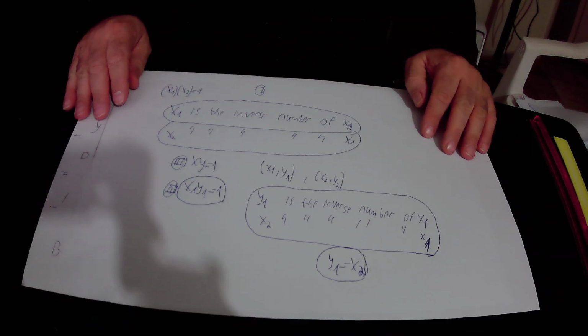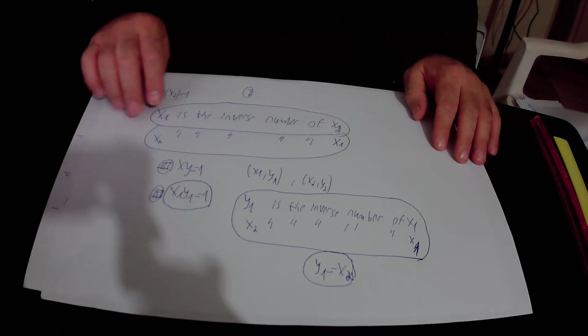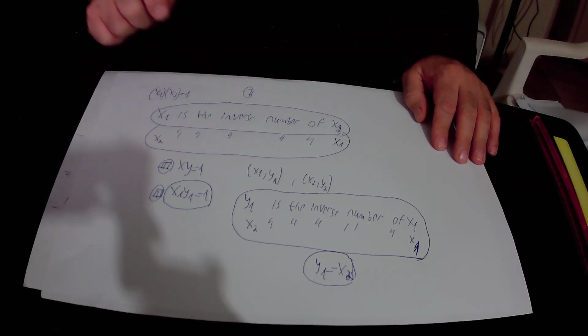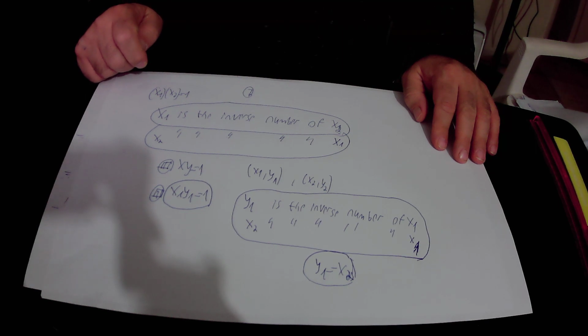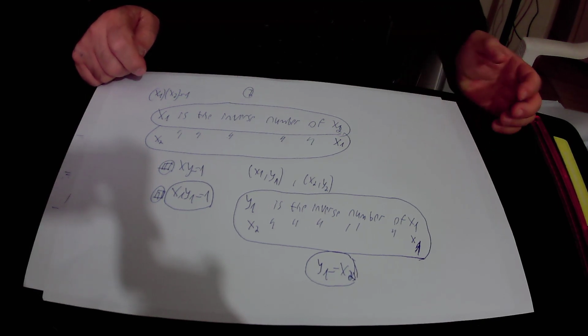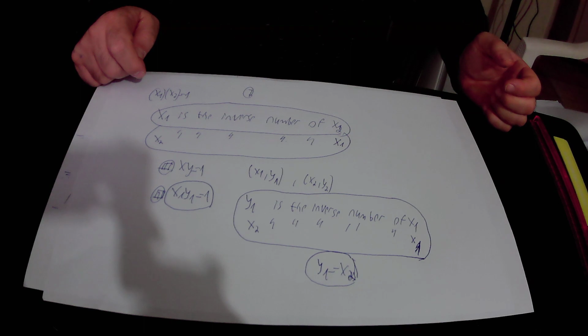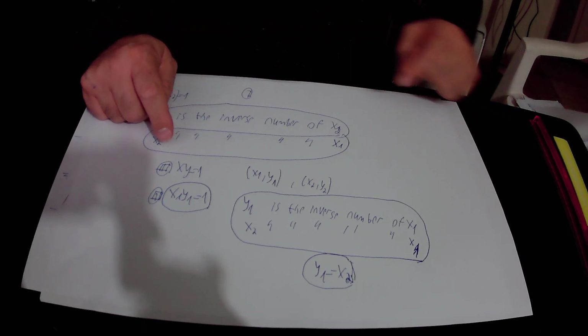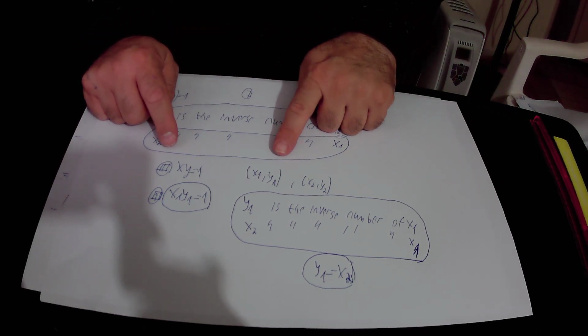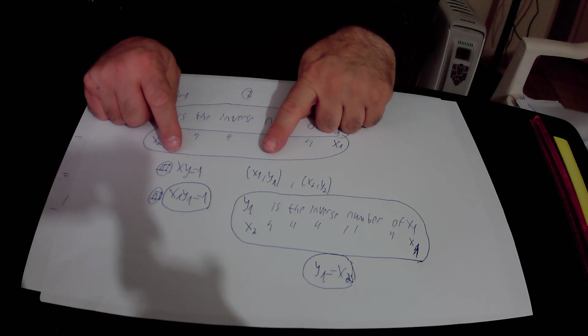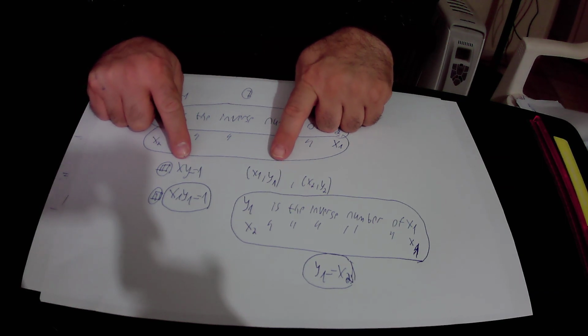But according to equation number 3, we have already found out that x times y equals 1. And we have two possible solutions. The first solution is x1, y1, that is to say x equals x1 and y equals y1.